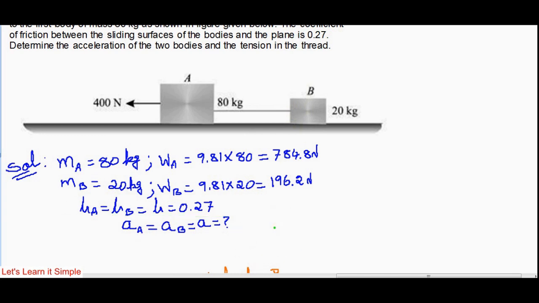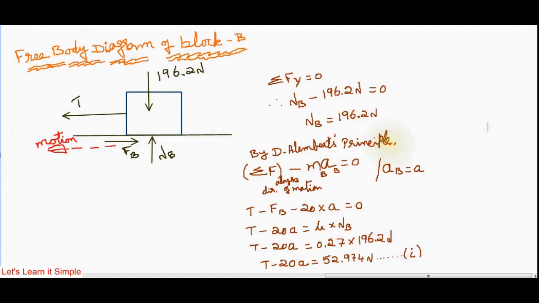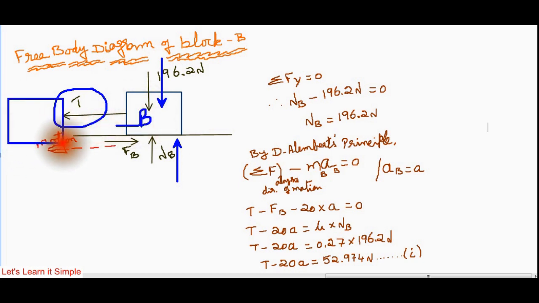Now to solve this problem, we need to first draw the free body diagram of B, then the free body diagram of A. The free body diagram of block B: the weight of block B is acting down, which is 196.2, which is balanced by normal reaction NB. The block B is connected to block A with the help of a wire.